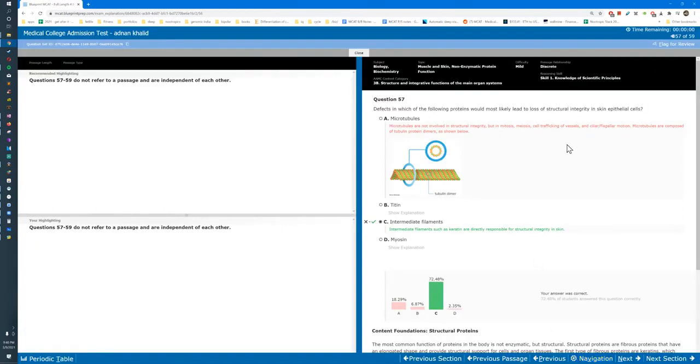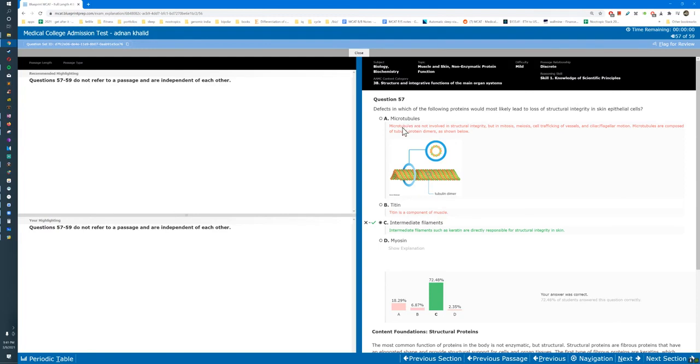Oh yeah, this one. At first I was thinking titin because I know that is in cartilage. No, wait. It's what lets things stretch, and I think the official name for it is the longest word in the world. Okay, it's in the muscle. Anyway, structural integrity.